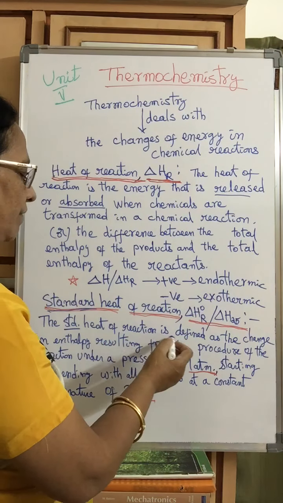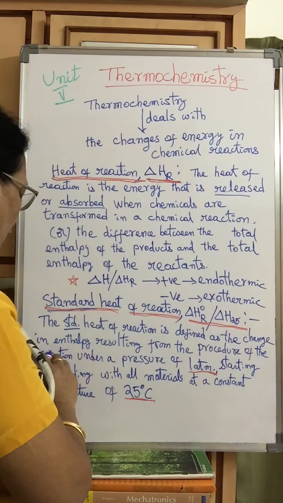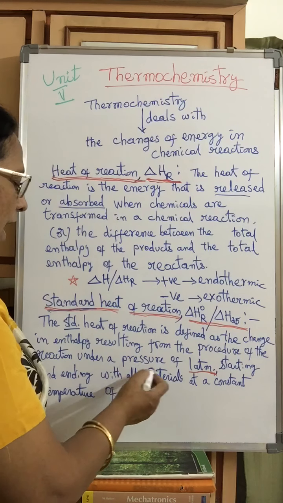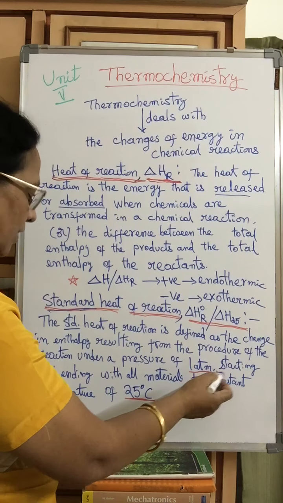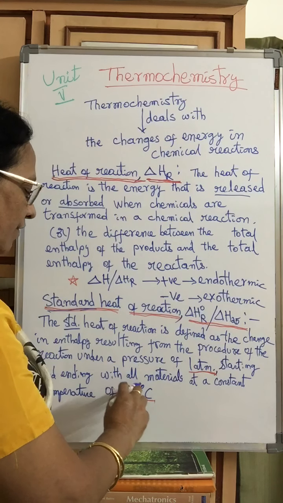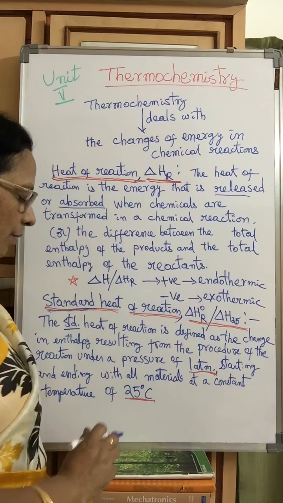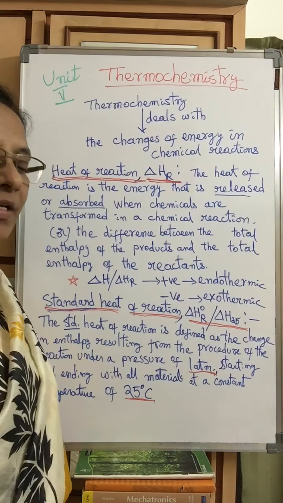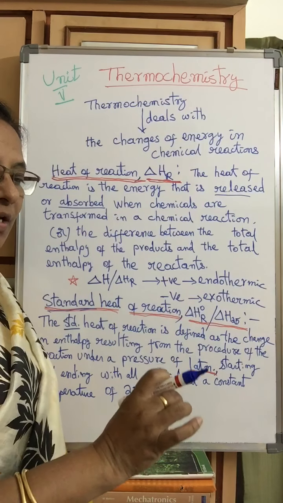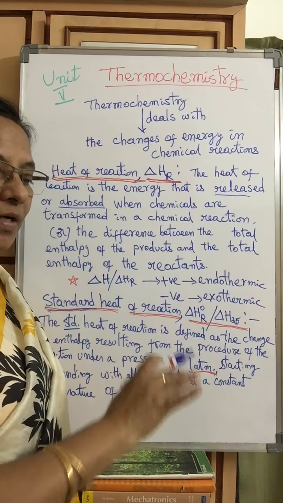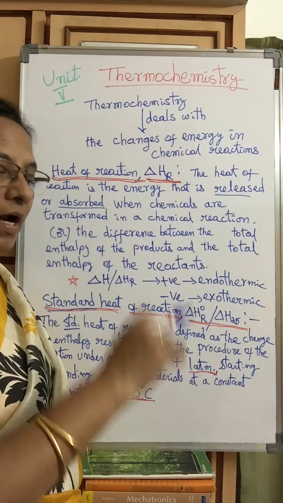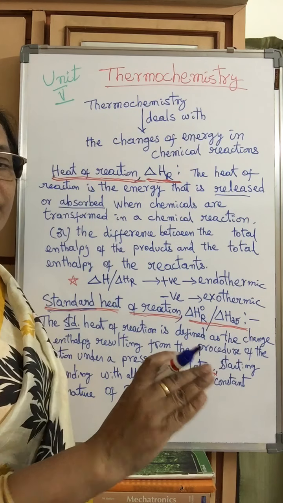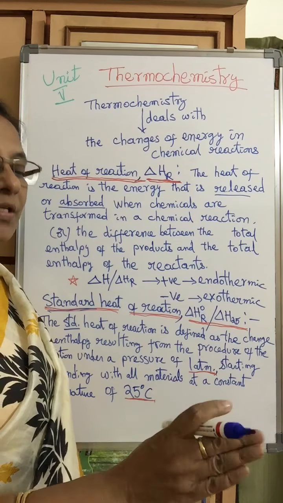The standard heat of reaction is defined as the change in enthalpy resulting from the progress of the reaction under a pressure of 1 atmosphere, starting and ending with all materials at a constant temperature of 25 degrees centigrade. In simple words, when a reaction is taking place at 25 degrees centigrade, that means when all the reactants are at 25 and all the products formed are at 25, what is the change in enthalpy of products and reactants, and the pressure is 1 atmosphere.